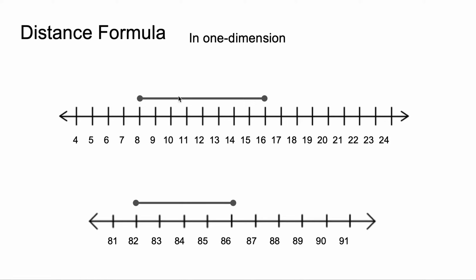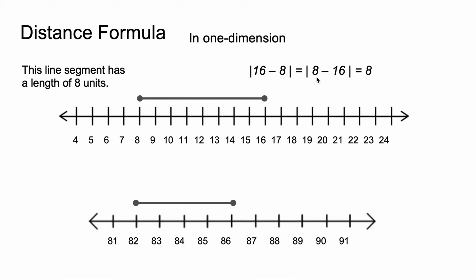So if you look at this line segment here and you compare it to your number line here, you can obviously see that this is 1, 2, 3, 4, 5, 6, 7, 8 units long. But if you're a smart person, you'll say that, hang on, 16 minus 8, the difference between these two numbers is also 8.